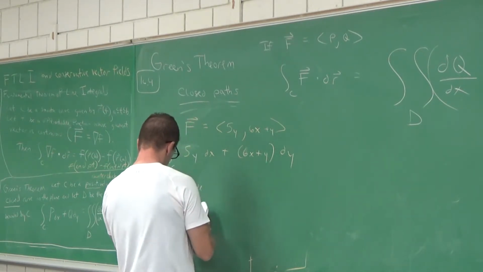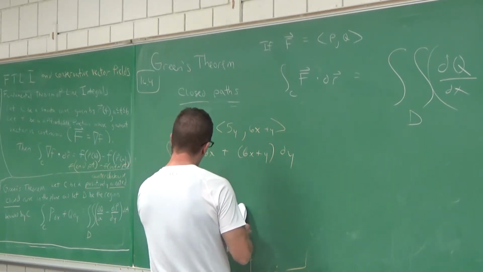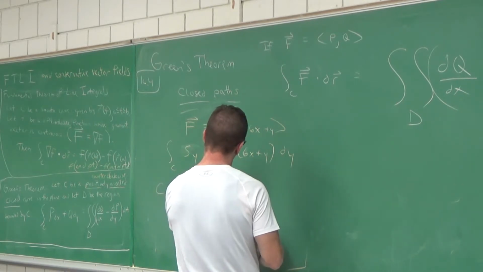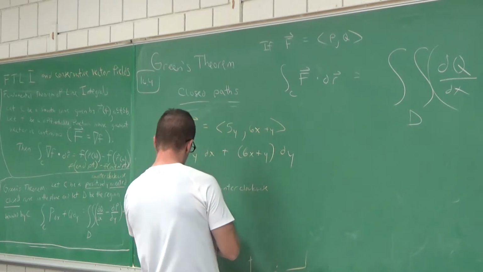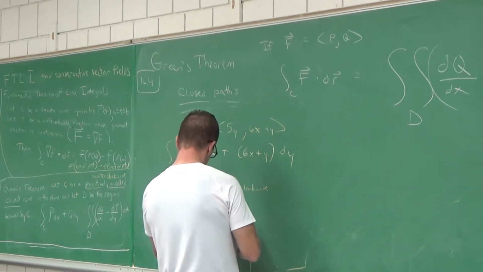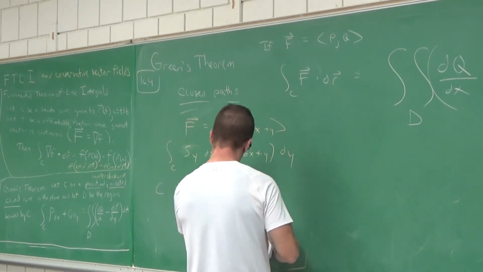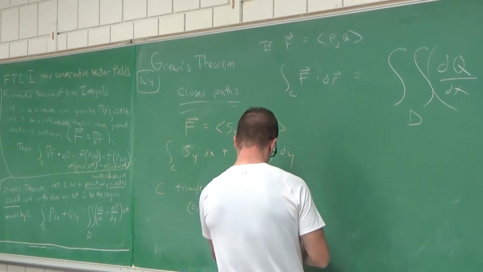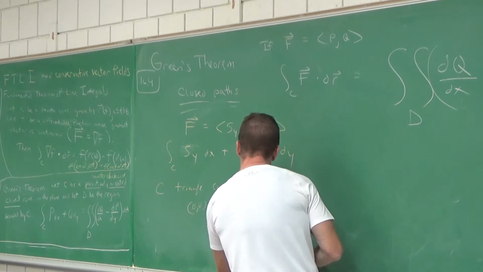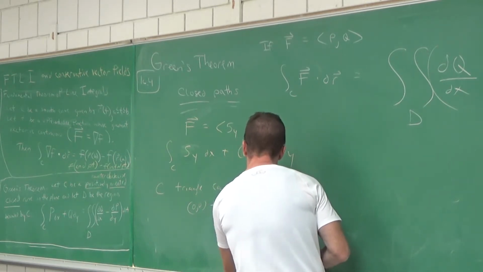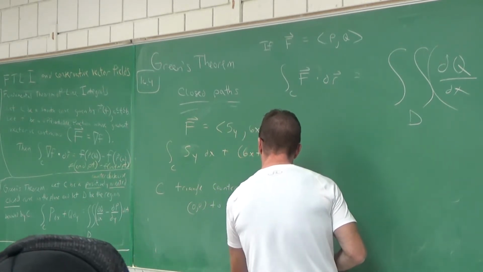It's oriented counterclockwise. And you got to go from the points 0, 0 to 4, 0 to 0, 2 and back to 0, 0.